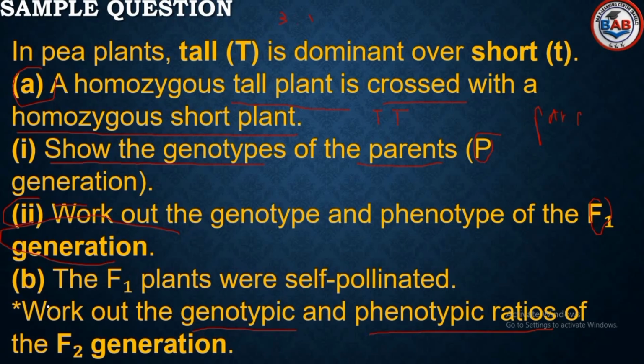Let us go through B. The F1 plants were self-pollinated. Work out the genotypic and the phenotypic ratios of the F2 generation.